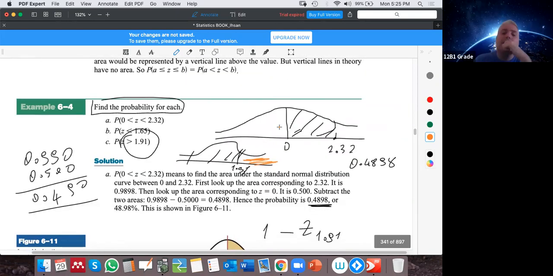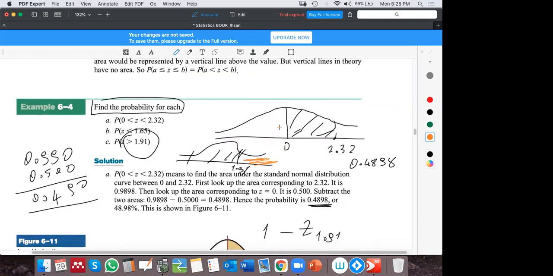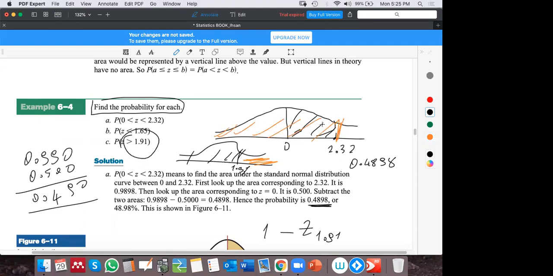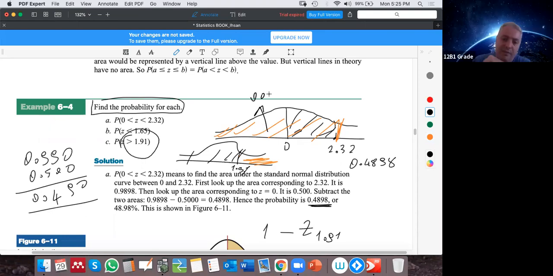We can calculate what's less than 2.32, and then we minus 50%. Yes, minus 50%. That's it. Since when you use the calculator, it calculates all this area, and we know that this is 0.50 also. So all this area minus 0.50 gives us this part. That's it.